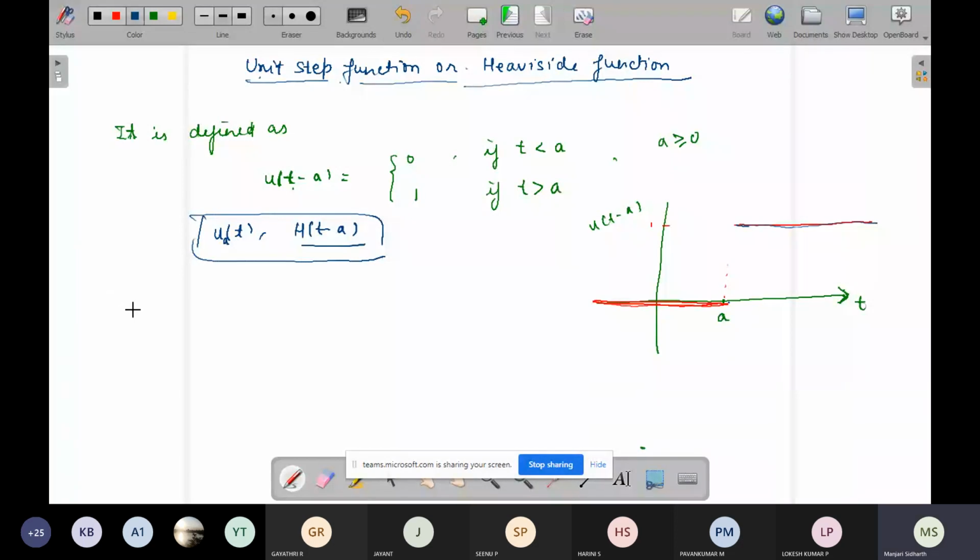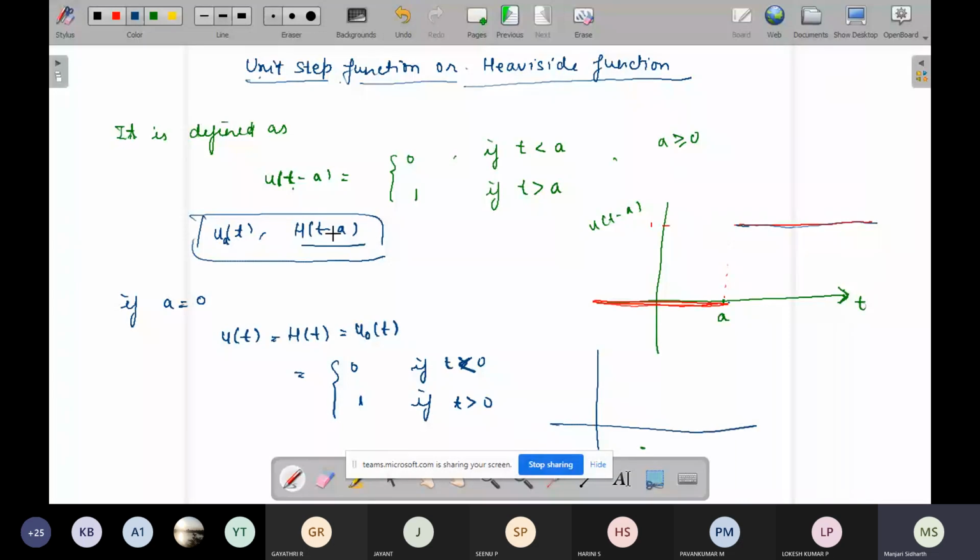Now suppose this a is 0, then the unit step function is u of t. If a is 0, u of t or h of t or simply u naught of t will be defined as 0 if t is less than 0 and 1 if t is greater than 0.